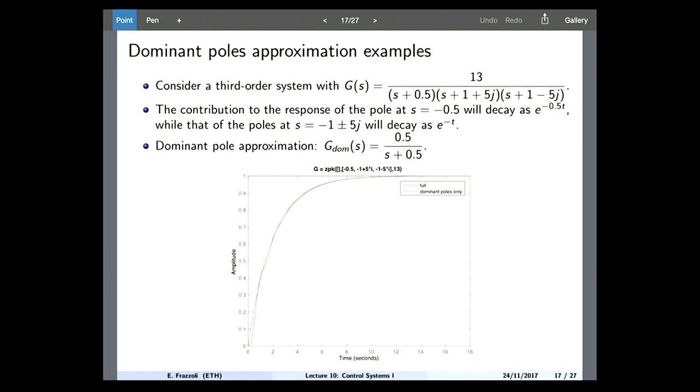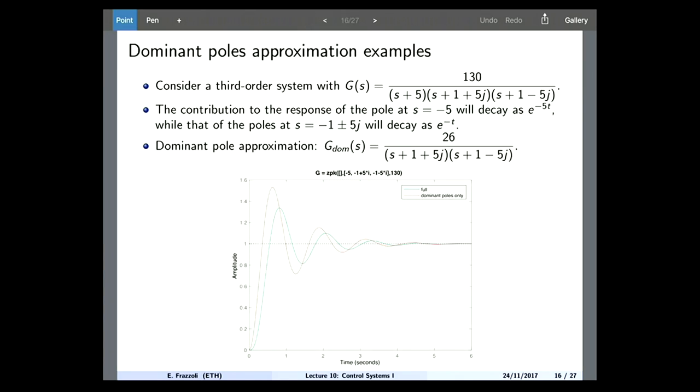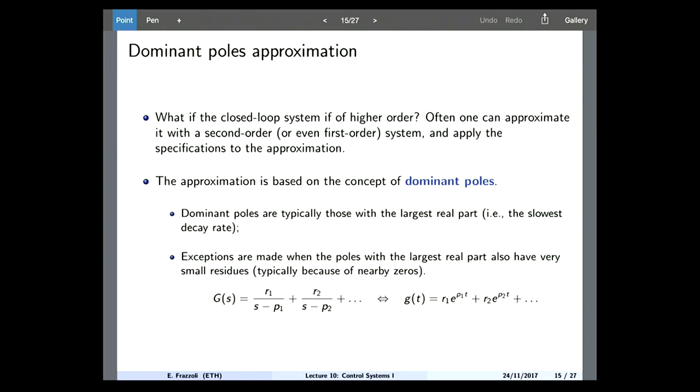There might be a mistake in one of the slides. Go back two slides. There it is written that the dominant poles are the ones with the largest real part. Shouldn't it say the smallest real part? I think, remember that the real part is negative, on the left, right?